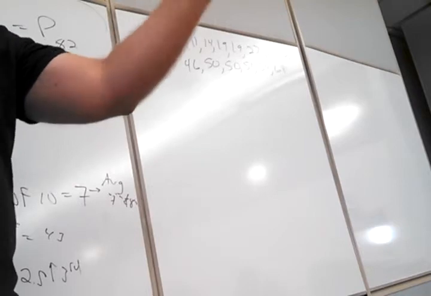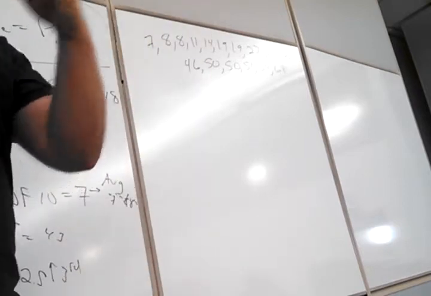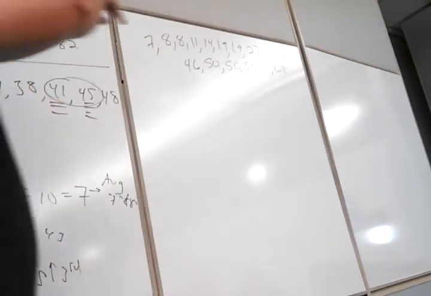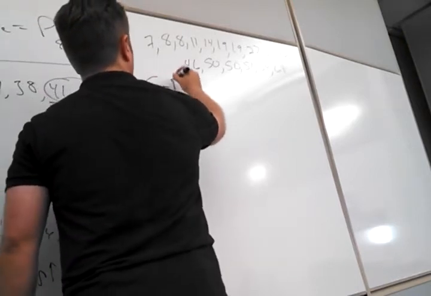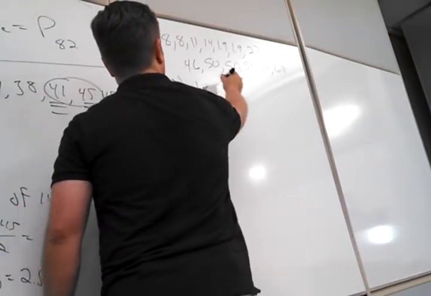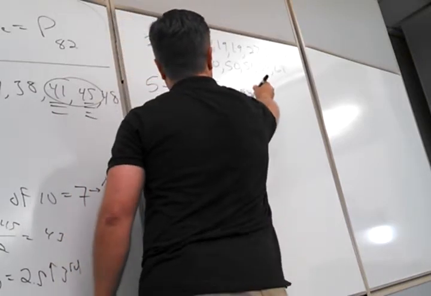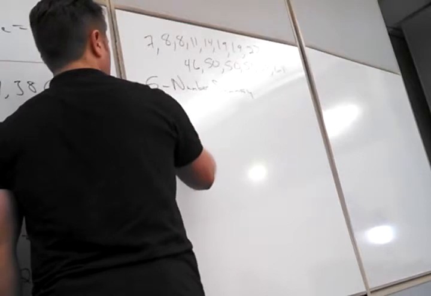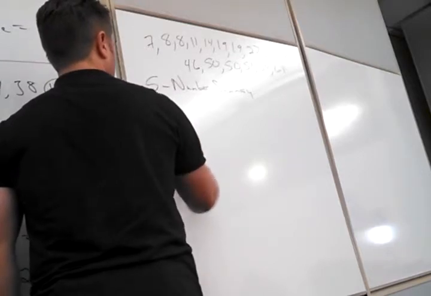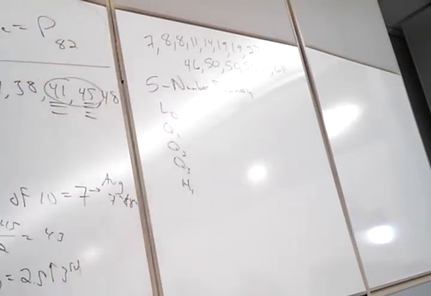We do that with sports, we do that with money. So the 5-number summary would be the lowest number, Q1, Q2, Q3, the highest number. That's the 5-number summary.